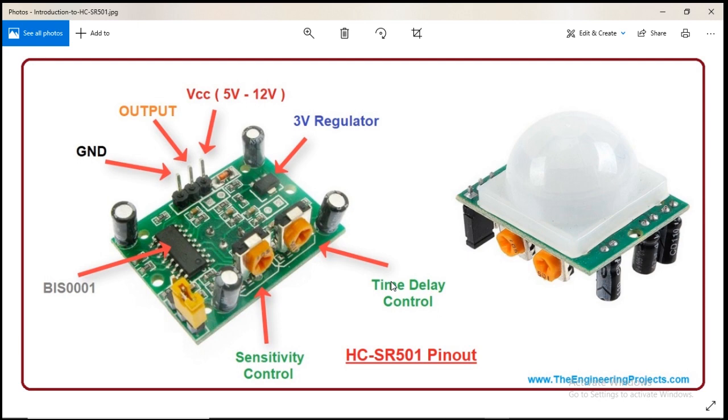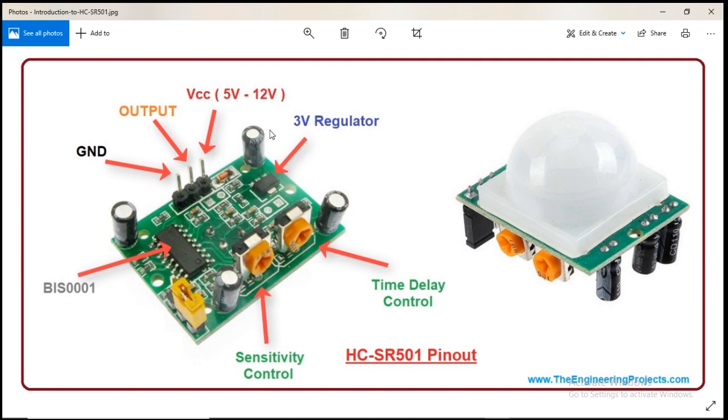Whenever it detects an object or human being, the delay time for which it sends out the signal from this output is where you set it. Whenever it detects a human being, it will send out a high signal, which means this output will become 5 volts.